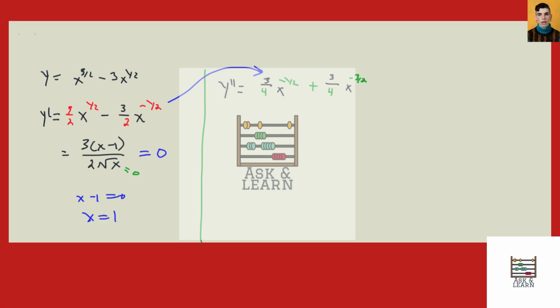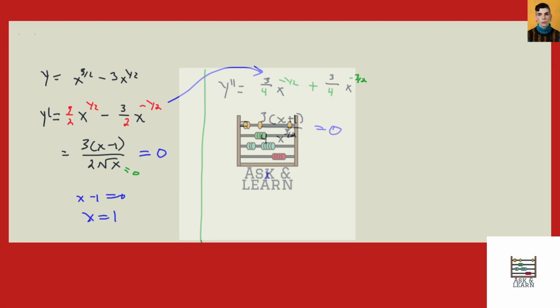And now we can use a little bit of algebra here to rewrite this to get (3x plus 1) over 4x to the 3/2. So again, we're going to set this equal to 0.